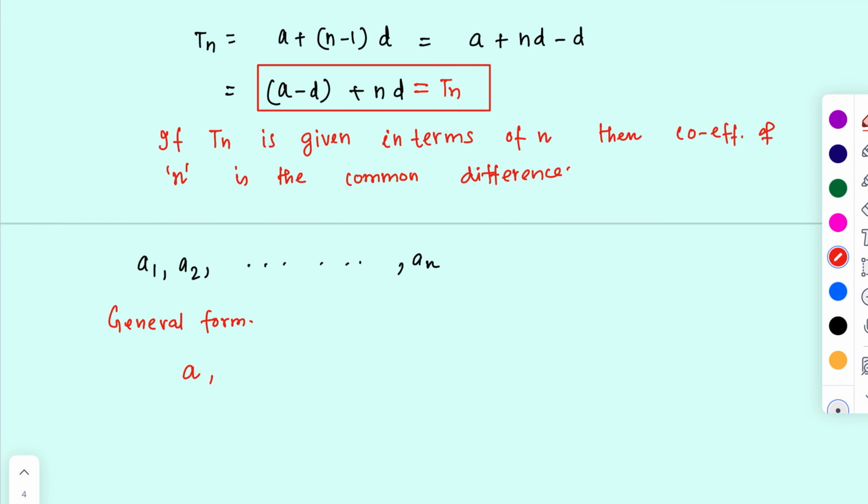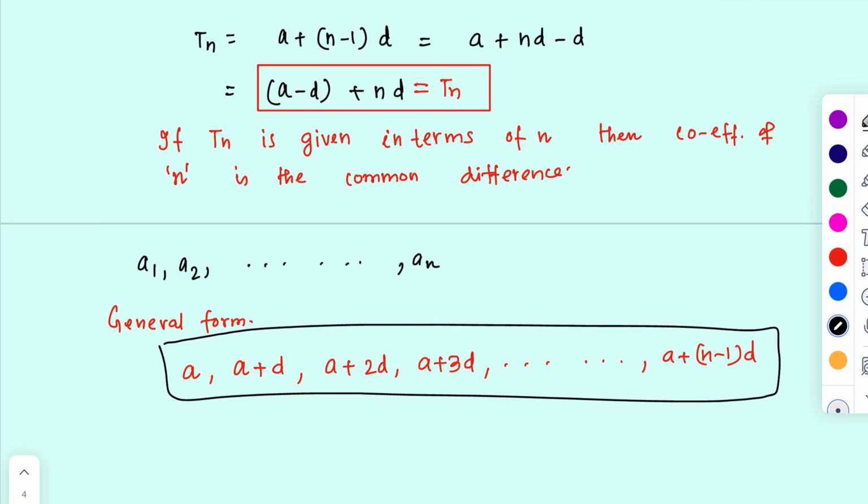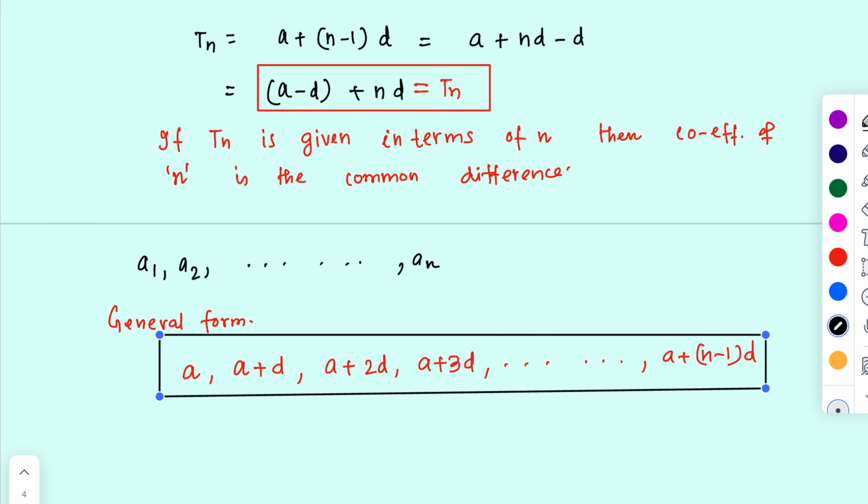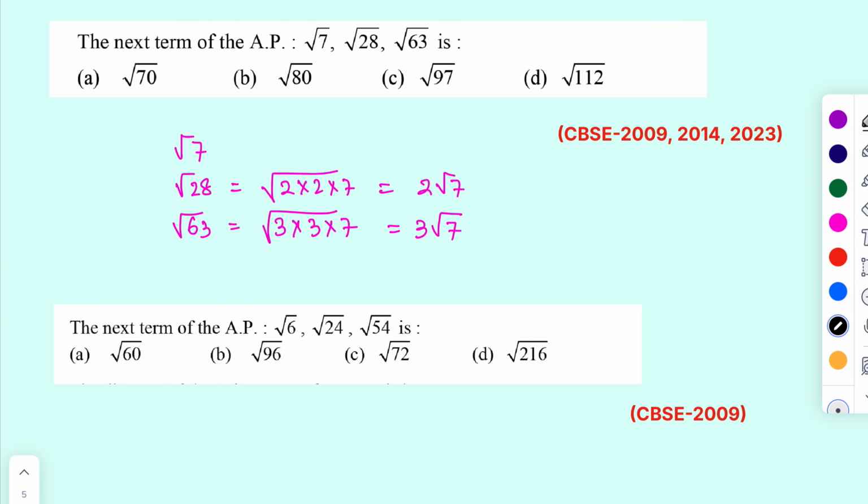Second, for a2 what will we write? a1 plus d, that is a plus d. Second term we were writing as a plus 2d? Third term, a plus 3d? In this way the nth term is a plus (n minus 1) into d. This was the expression. This is the general form of an arithmetic series.